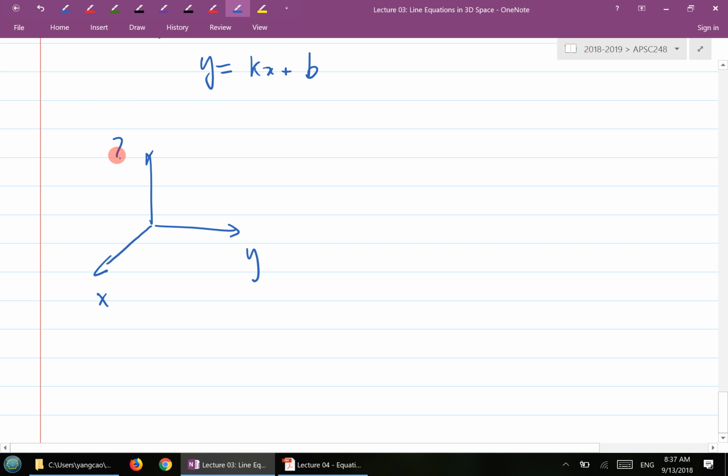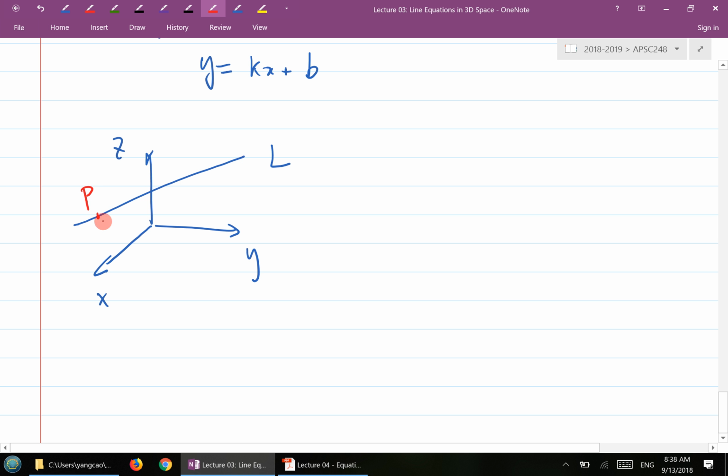So let's think about a different perspective now. If this is a line in 3D space, I'm going to think of this line as a trajectory. Let's say I have a point P here. I'm going to think of the point P as a moving point. It's going to move from here to here along the line L. That's basically what we call a trajectory.